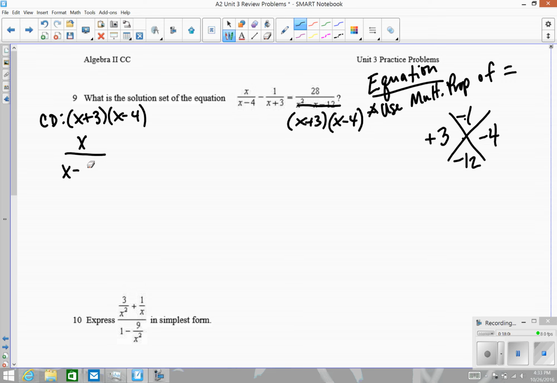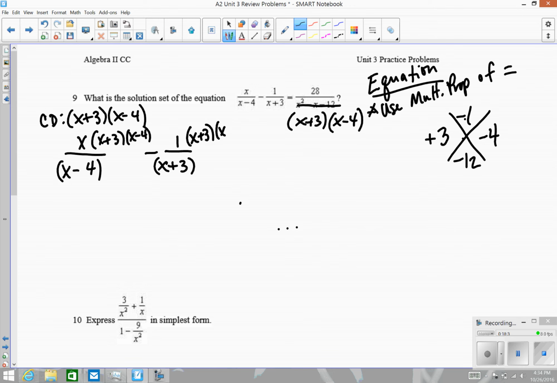I'm going to end up taking up a lot more space because I'm going to multiply each term by my common denominator. So this first term I'll be multiplying by x plus 3 and x minus 4, that binomial. My second term is minus 1 over x plus 3. I'm going to put that denominator in parentheses, and I'm going to multiply this by the common denominator of x plus 3, x minus 4.